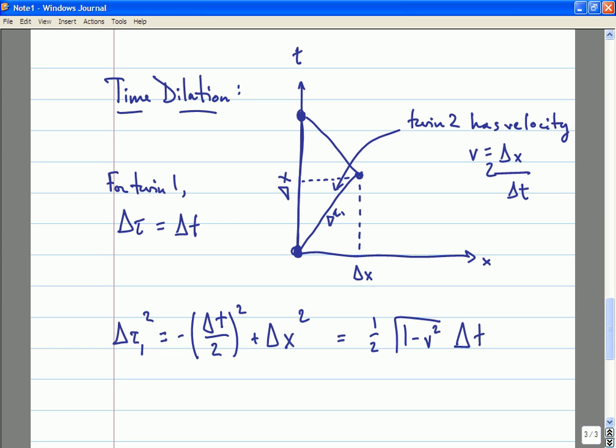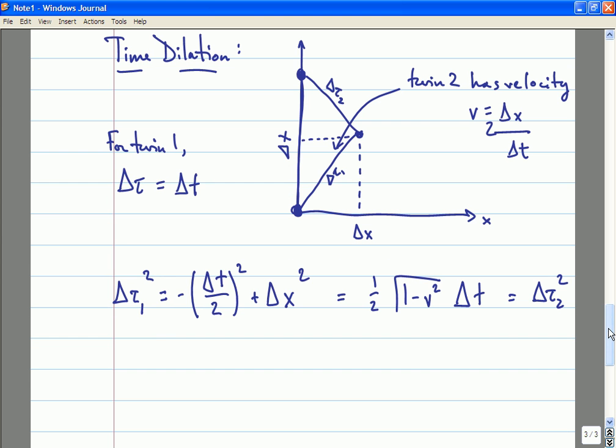And of course, the same proper time will elapse for this twin on the journey back to Earth. So that will be equal to delta tau 2 squared. So that the total time elapsed, oh, I'm sorry, there's a square everywhere. So let's, there we go.